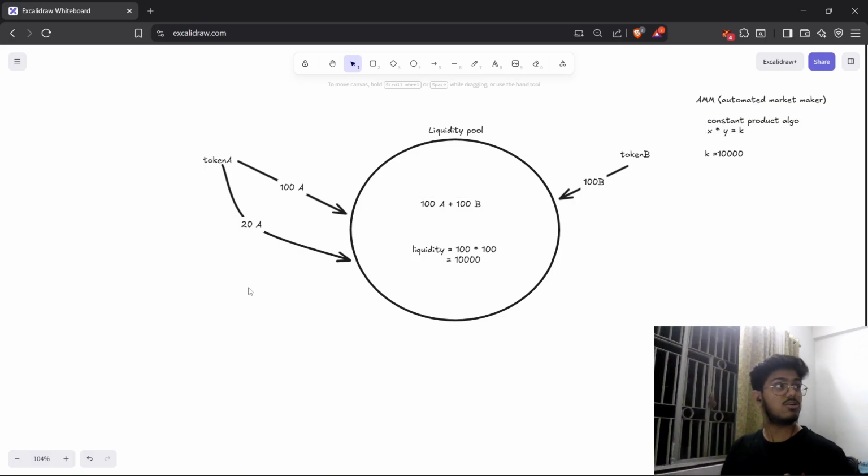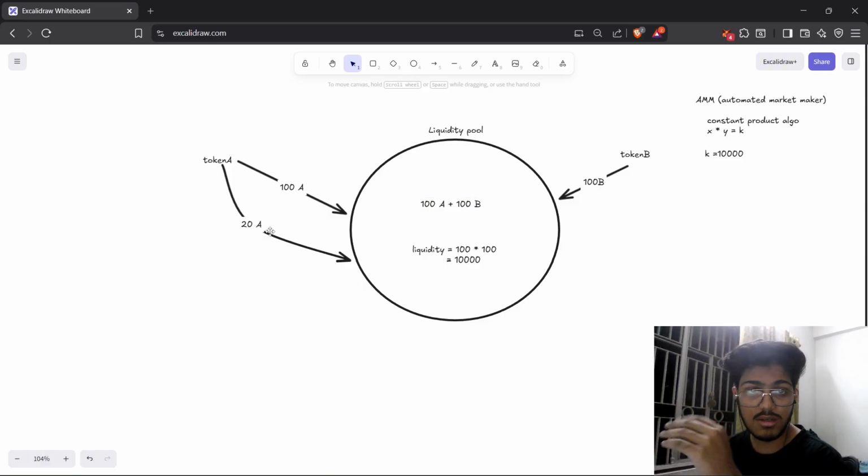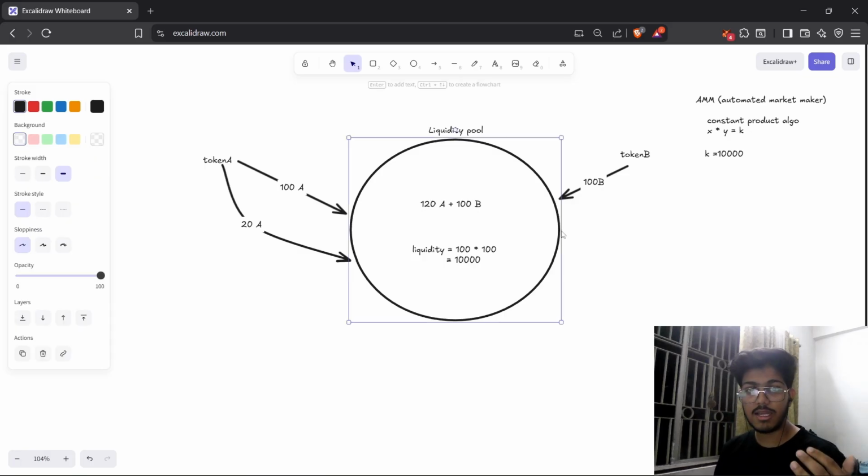So now let's try to put 20 more tokens. There are already 100 tokens of A in this pool. Now we'll put 20 more tokens in, so it will become 120.